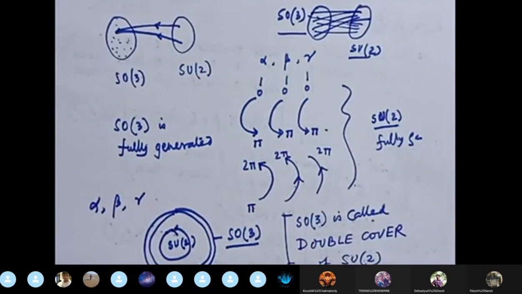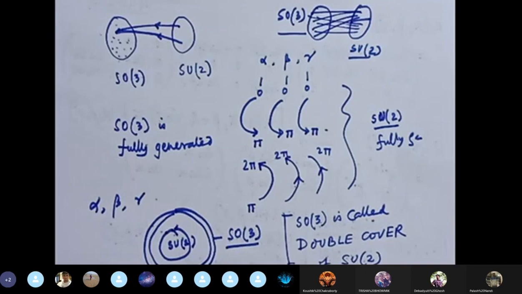Now you can check that the generators of SU2 satisfy an algebra, which is a Lie algebra. Now can you tell me what is the generator of SO3? What will be the algebra of the generators? That is also a Lie group, a continuous group, SO3, because of 3 by 3 rotation matrices.